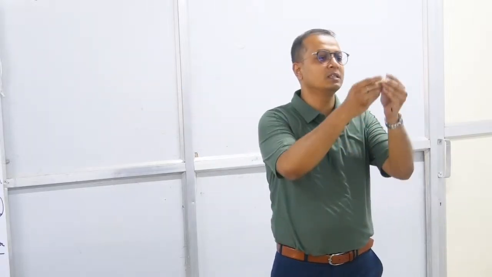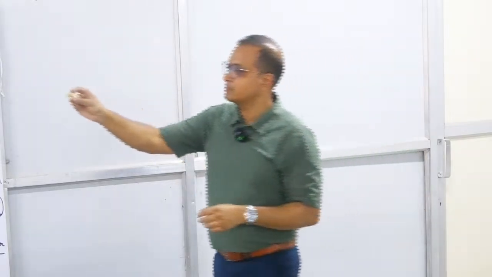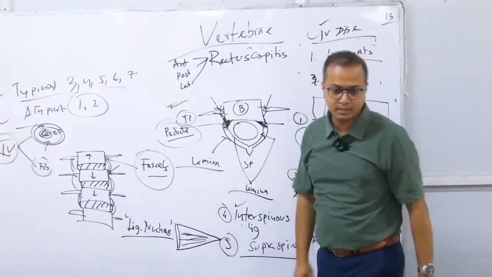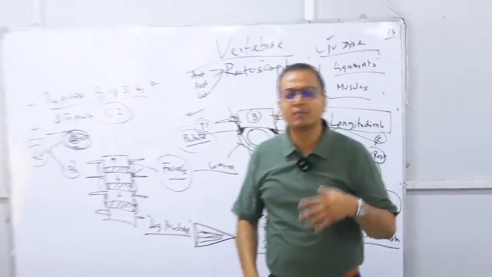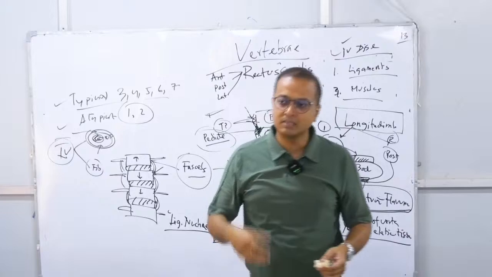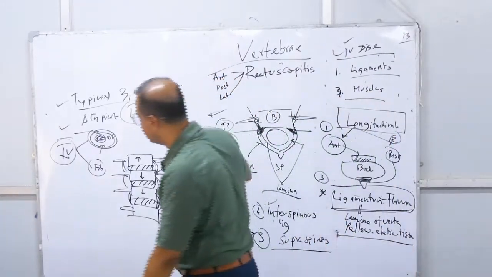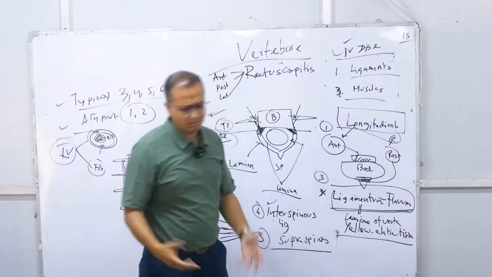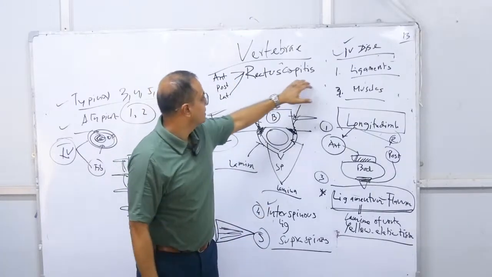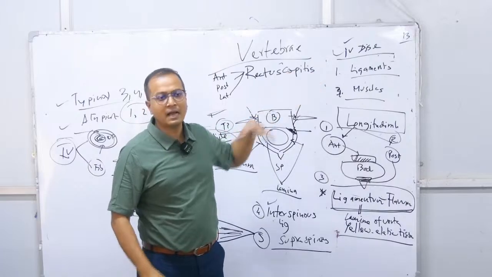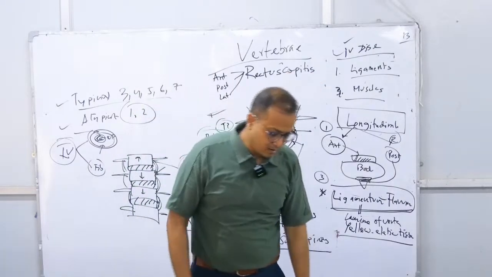If it is present on the front side, the body of this vertebra, we call it anterior rectus capitis. Apart from that, there are several other muscles, splenius capitis, levator scapulae, etc., but you won't be able to memorize them because they hardly matter for us. But this muscle is easy to memorize, rectus capitis, and it has 3 brothers: good, bad, ugly.